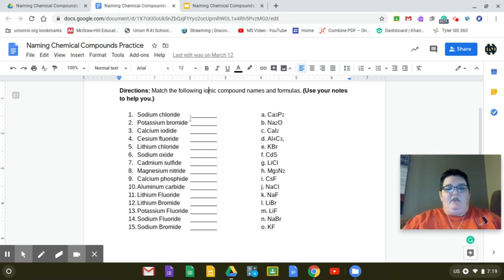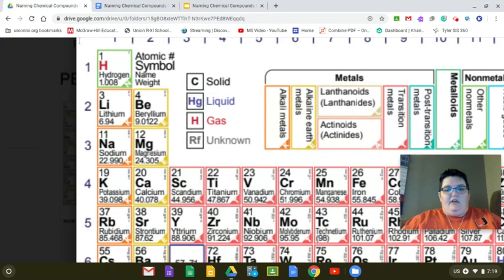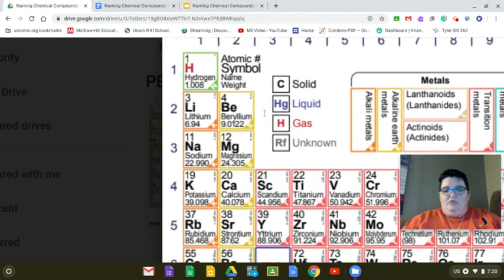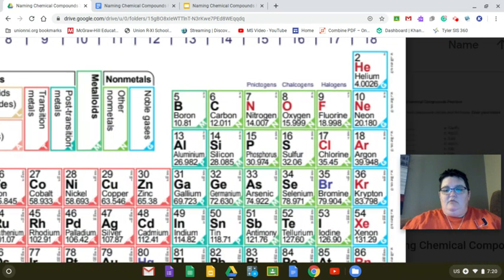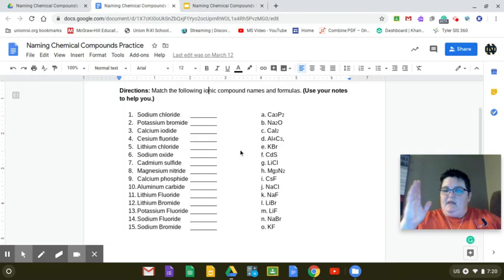So then I look at my second word and it says chloride. Well, if I get rid of the ide, it'd be chlorine. So sodium and chlorine. If I go to my periodic table, right here, chlorine is Cl. So that means my sodium Na and my Cl are going to go together. So I got to look for my NaCl. Well, that's NaO, so I don't want that one. NaCl right there.